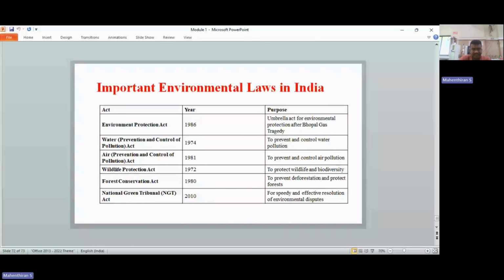Next, we are moving into the key environmental policies in India. Let me explain the difference between laws and policies. The law is legally binding.